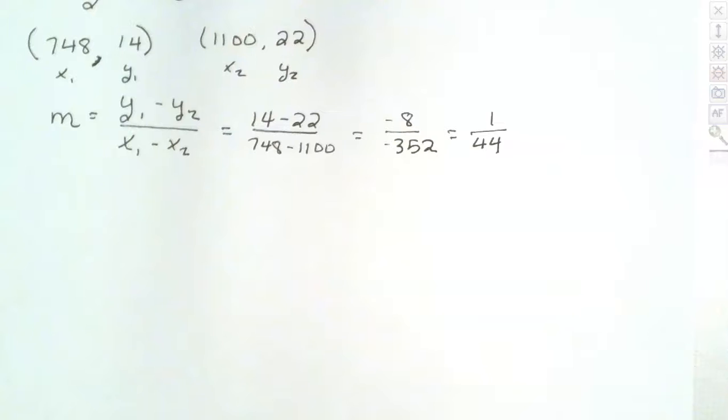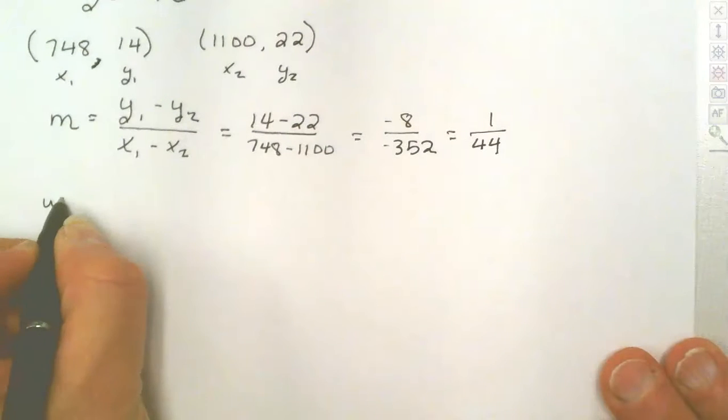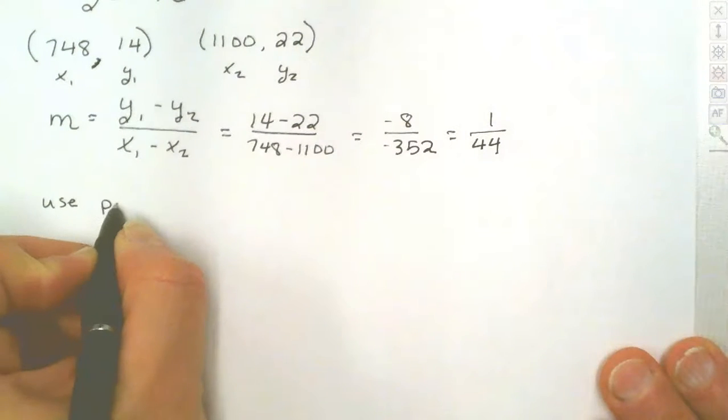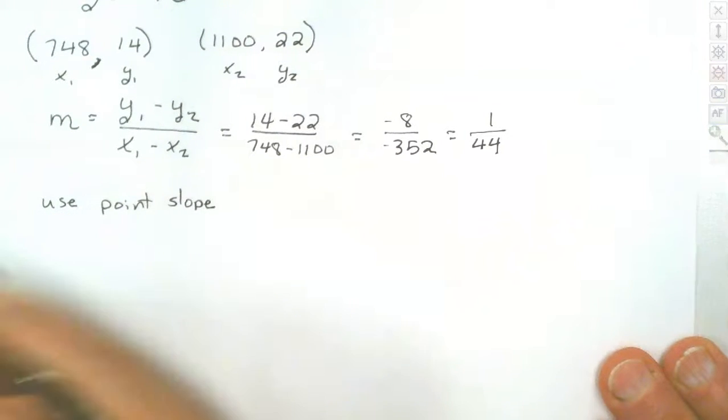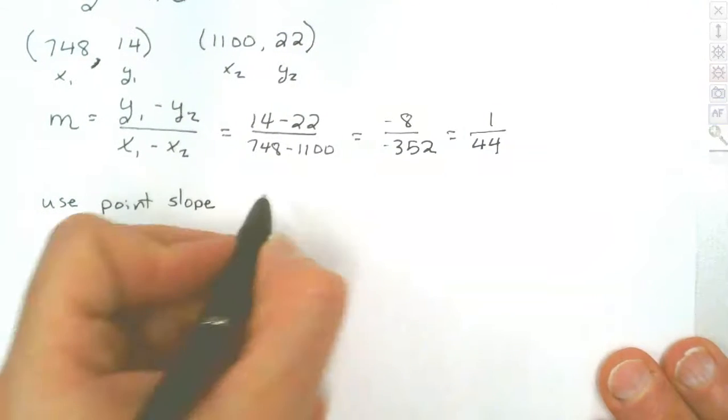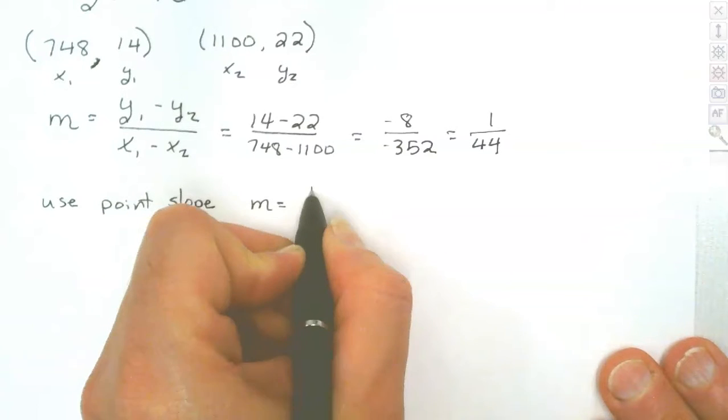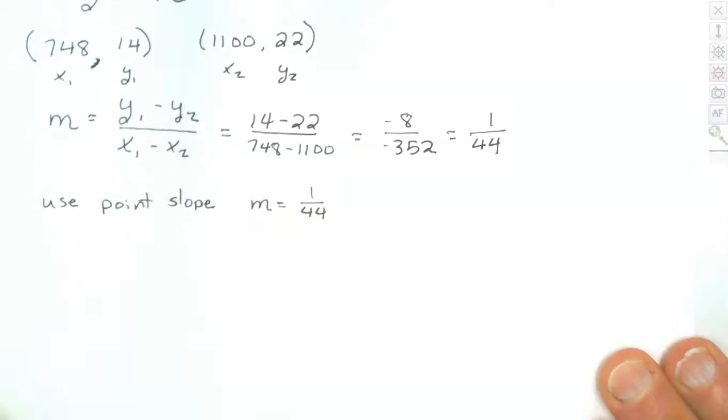Now, once we have our slope, what's our next step? Just like we did before, once you have that slope, then you use that point slope formula. So that's our next step. So now we're going to use point slope. And we're going to use that point slope formula with an m of 1 over 44.